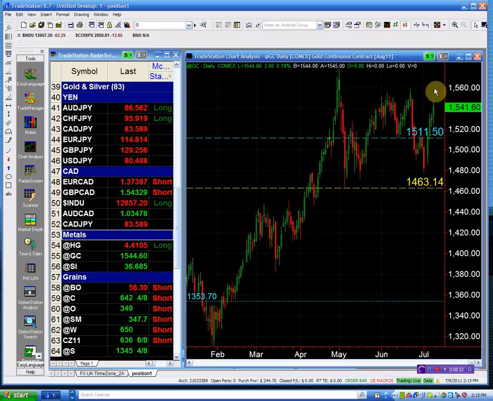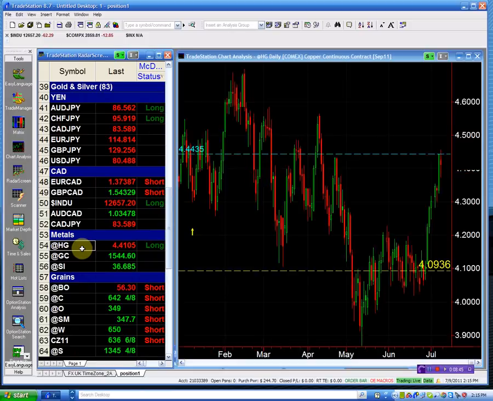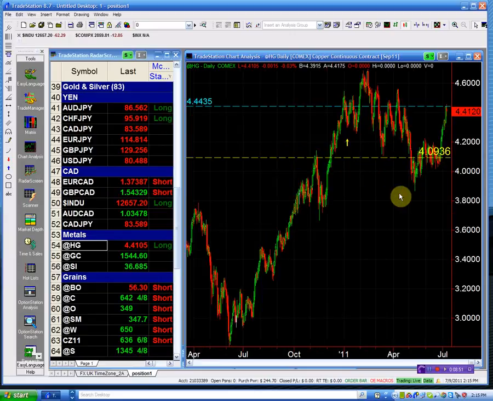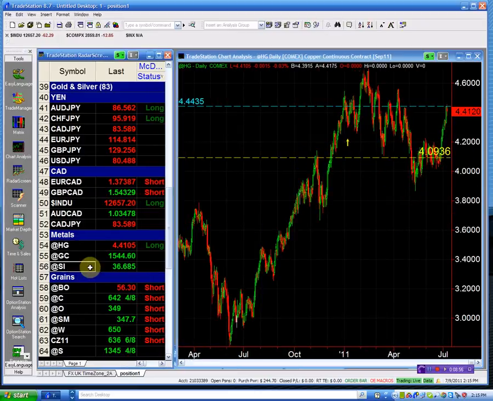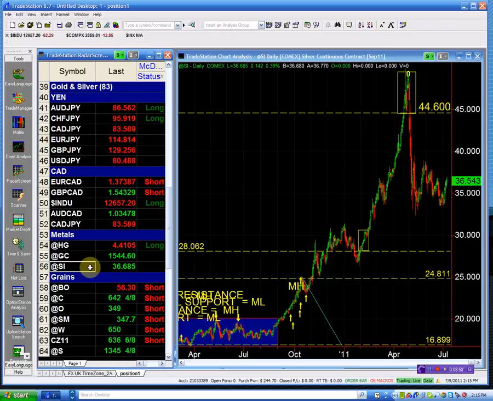Coming above it, you now had about a $30 move to the upside upon the reversal of gold back above the 115.11. You can see copper also had quite an excellent move in the last week or so, and the one that has not yet moved is silver.